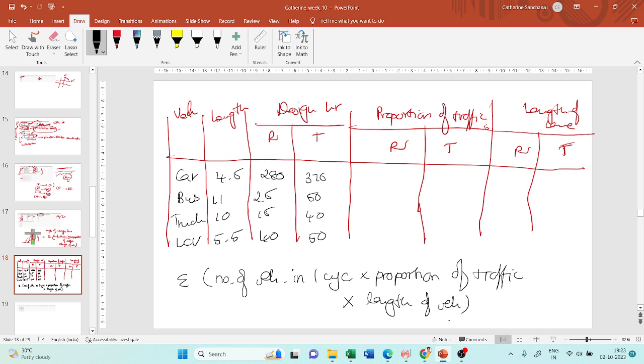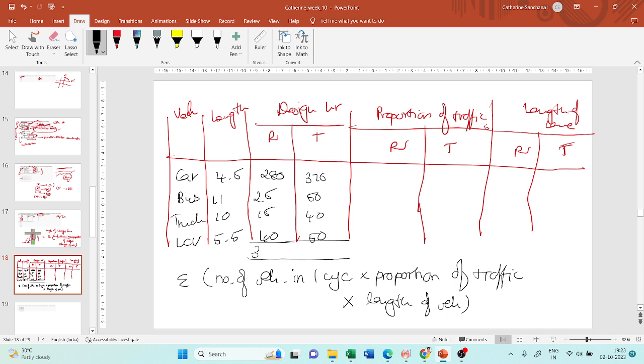Right. So now you have the proportion of traffic. How will you find it? The proportion of right turning cars amongst all the right turning vehicles. So for that you have to find out the total, right? Only then can you get what percentage of right turning cars is there in the total right turning vehicles.